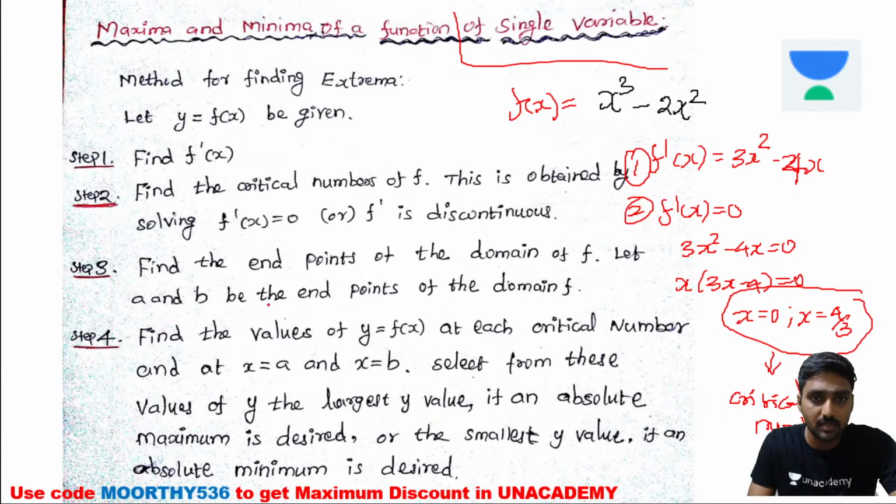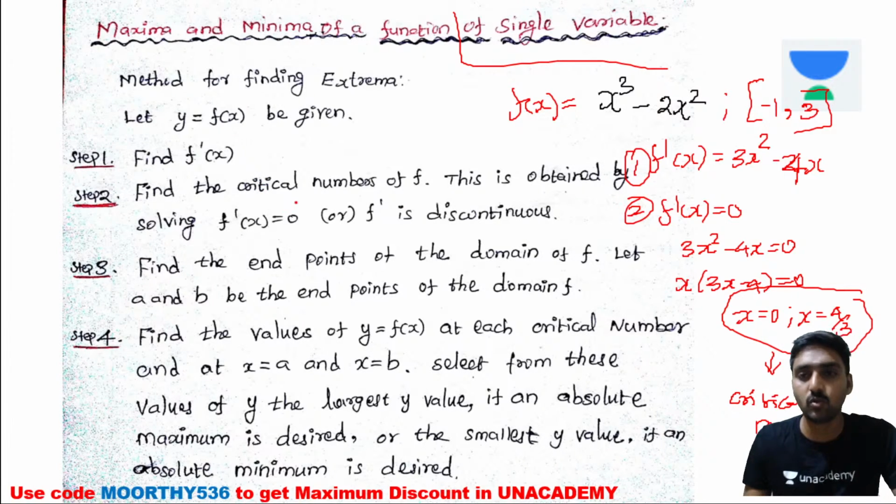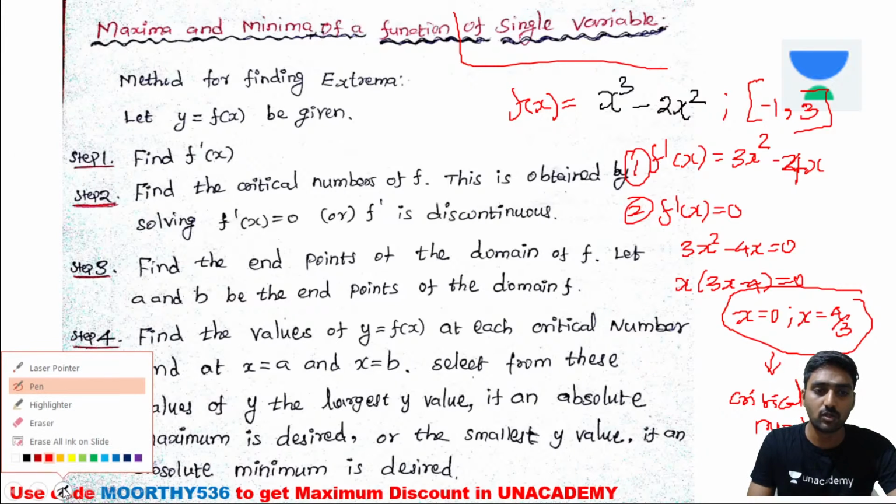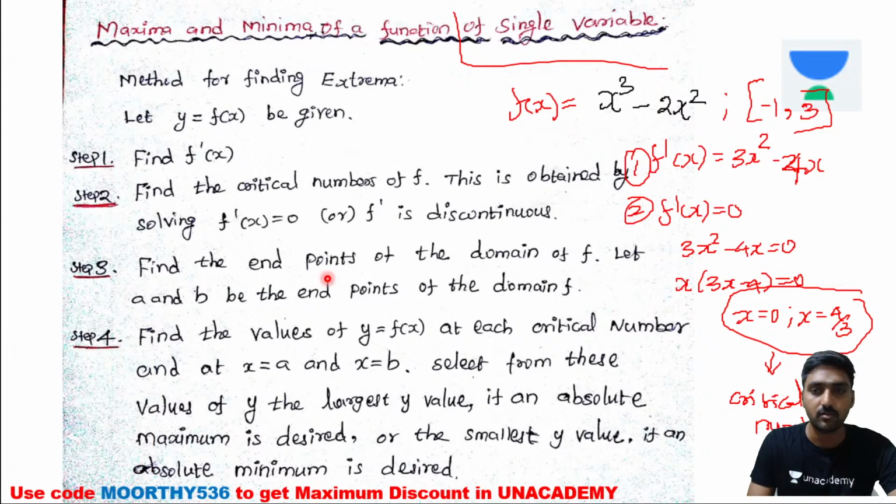Then step 3. In case they give the limit, say minus 1 comma 3, to identify the maxima and minima in the interval minus 1 to plus 3, where the maxima or minima lies, in between these two limits we have to draw the graph for the function or take all the points.